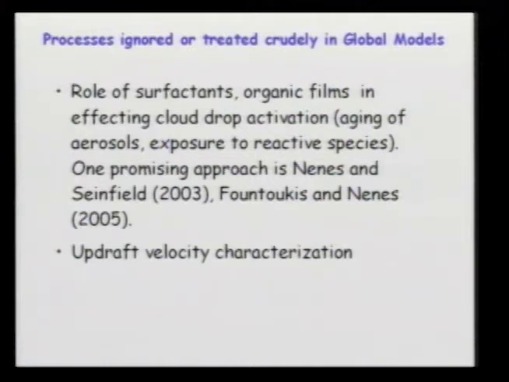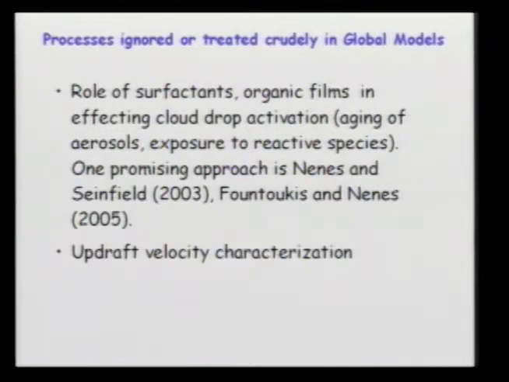So another thing that has been ignored up to now in formulations in global models is the role of various other atmospheric constituents on influencing aerosol's destiny. And in particular, surfactants and organic films can affect cloud drop activation and their subsequent scavenging.